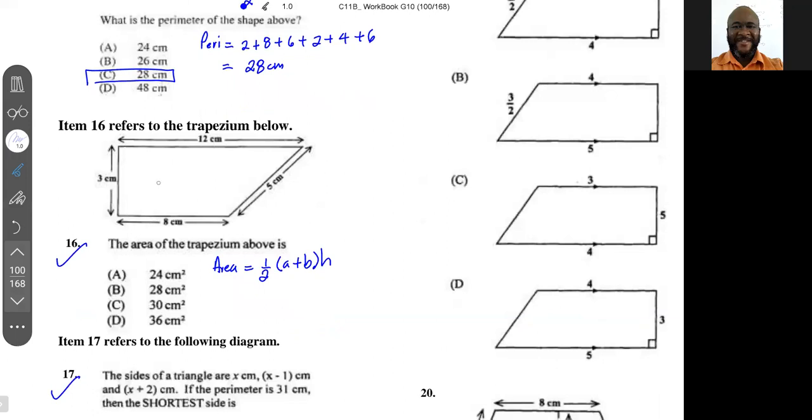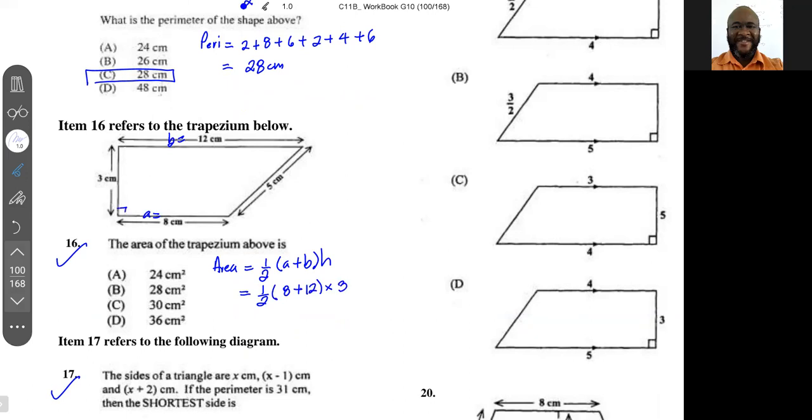So if I could say that this is A and this is B, A and B are the parallel sides. So it's a half times (8 plus 12) times the height, which is 3.